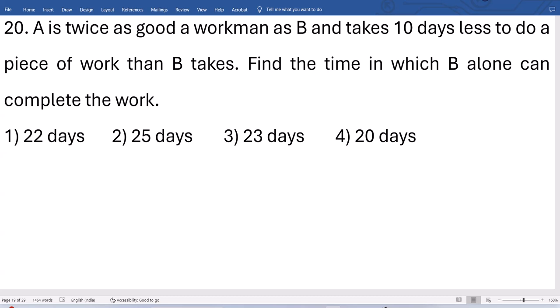Let me see how many of you can answer this question. A is twice as good a workman as B. This is a time and work topic. This is a basic concept actually. This line will decide the answer.